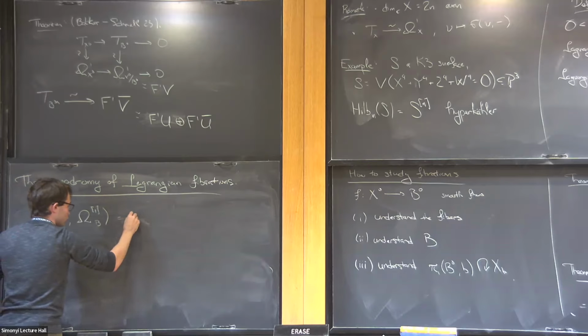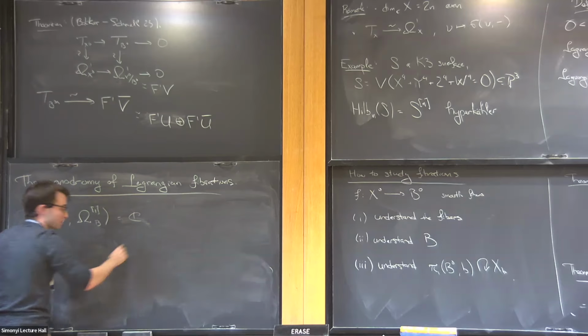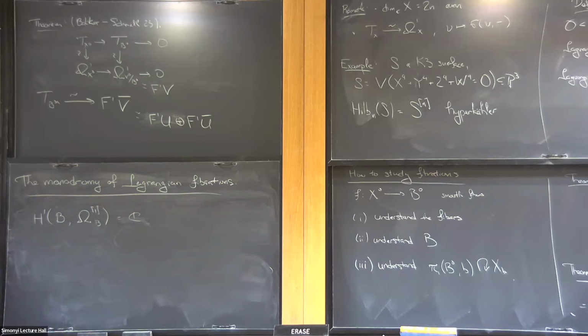In fact, you'd want it to be just 1, as it is in the case of projective space. There's something here I'm sweeping under the rug. You need to know that this computes the Hodge structure on the base. That's also a theorem of Ben and Len.